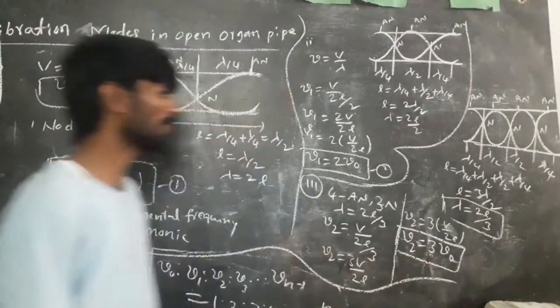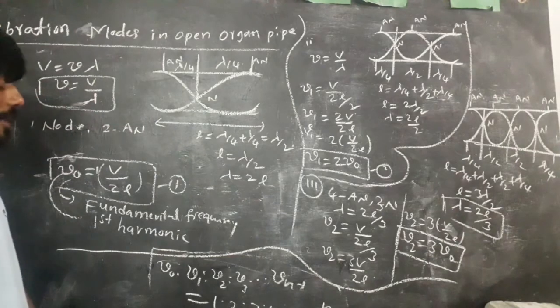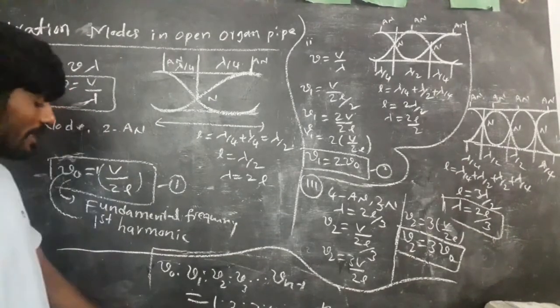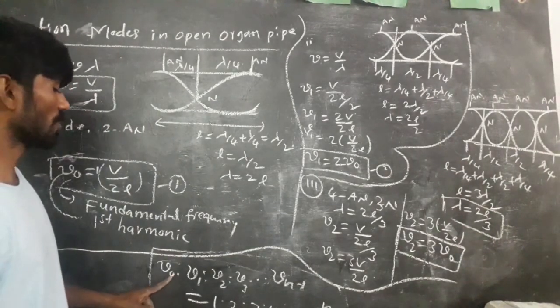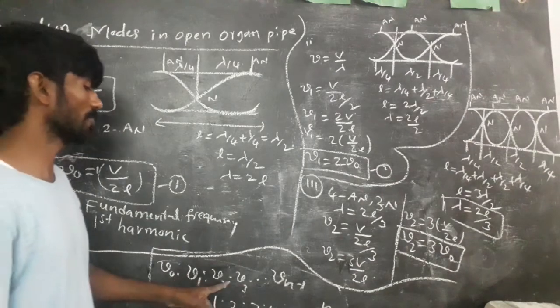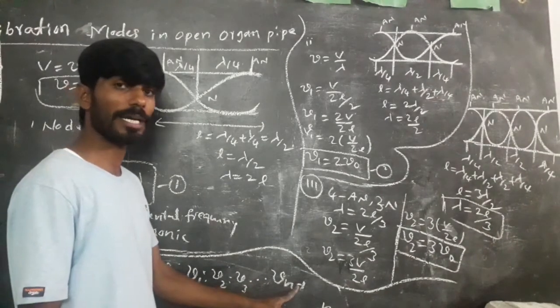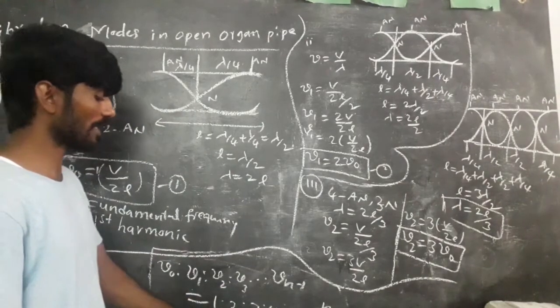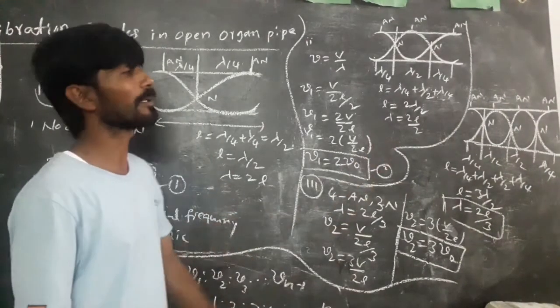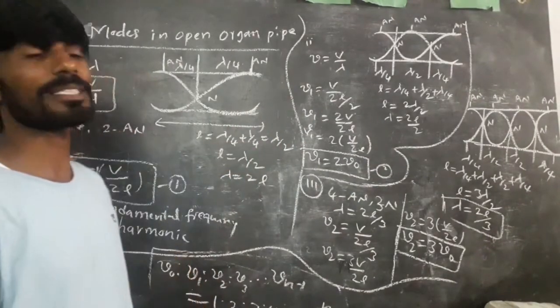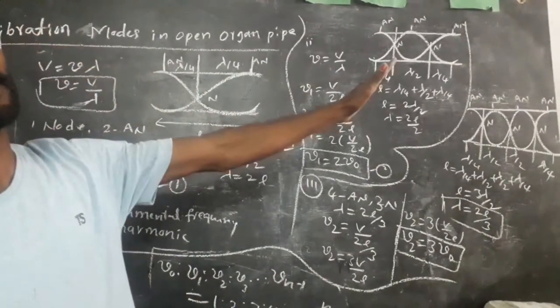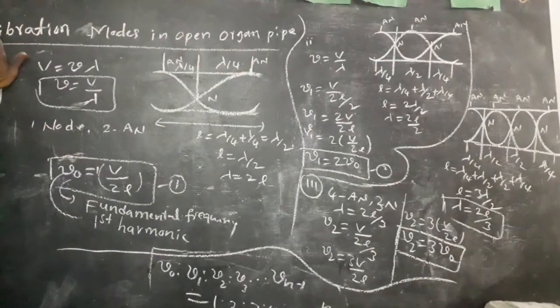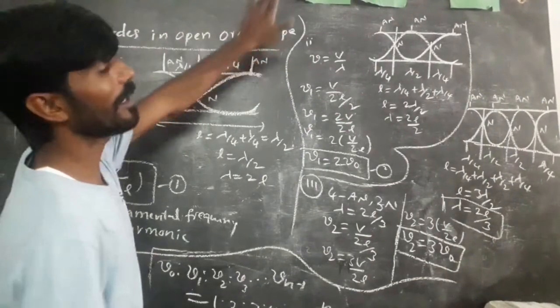So the ratio of the frequencies in an open organ pipe, ν0 : ν1 : ν2 : ν3 : ... : νn−1, looks like 1 : 2 : 3 : 4 : ... up to n. These are the vibration modes as well as the frequency ratios in an open organ pipe.